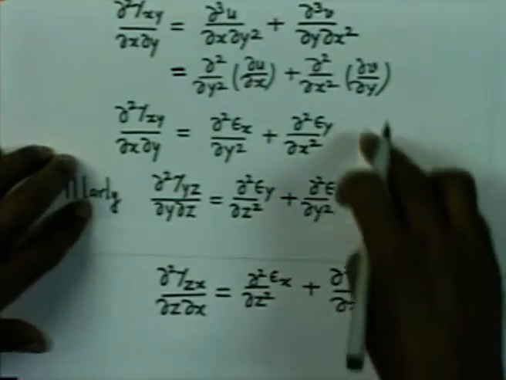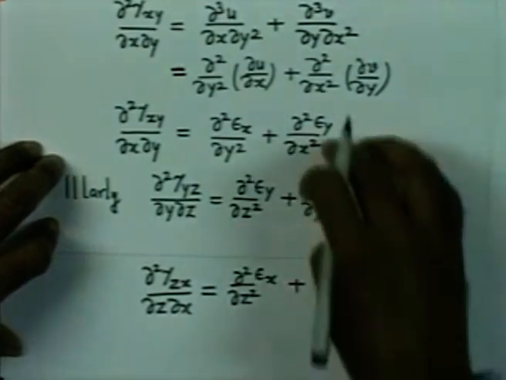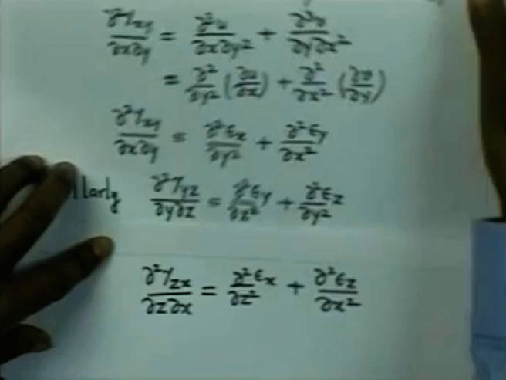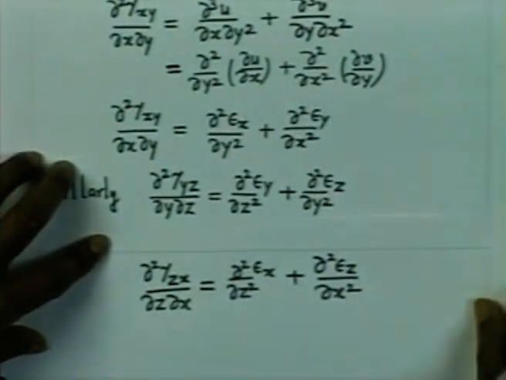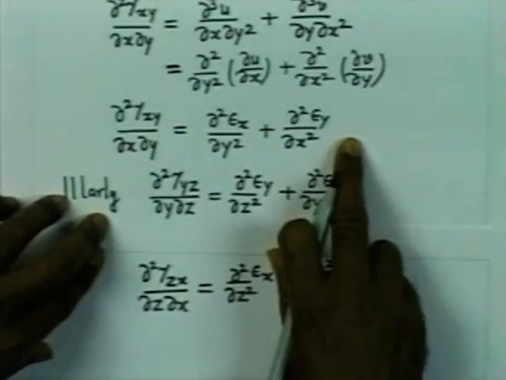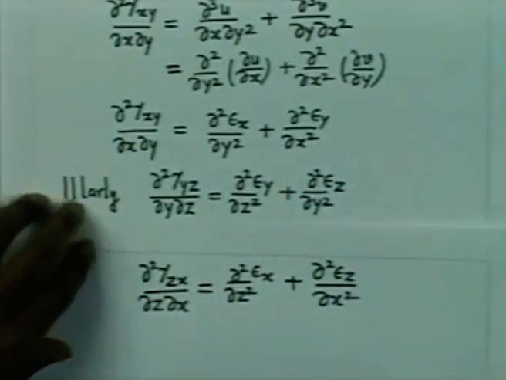So, these 3 relations are known as the 3 compatibility conditions in 3 dimensions, and if we have 2 dimensions we are going to simply have this one strain compatibility condition.